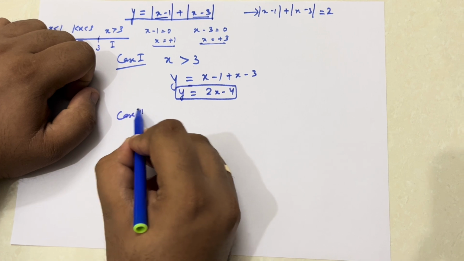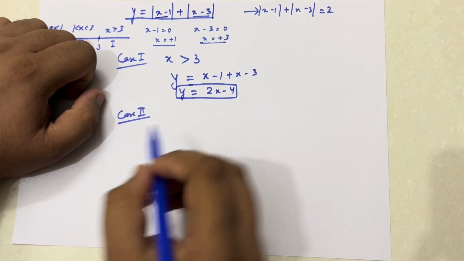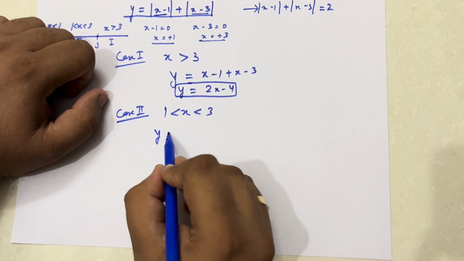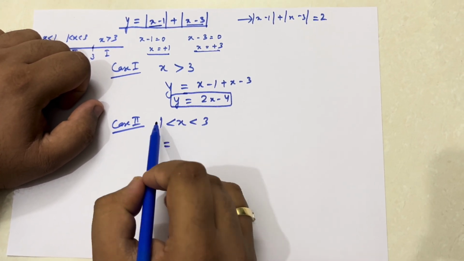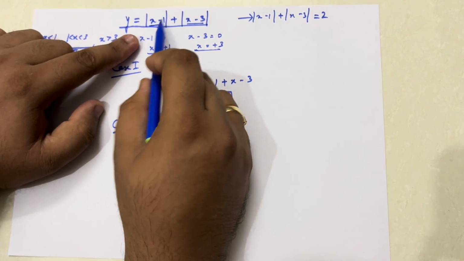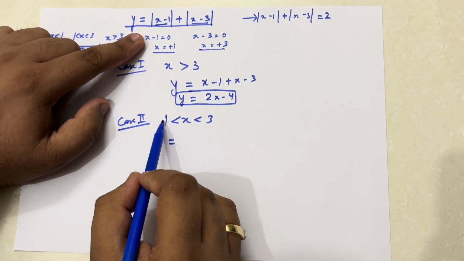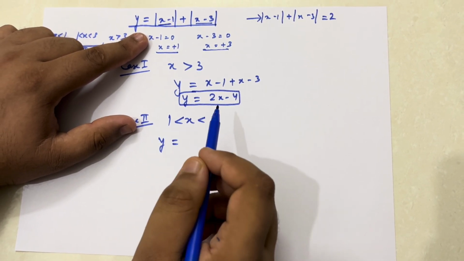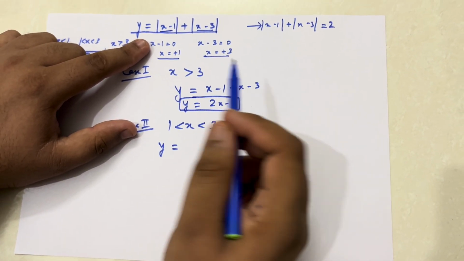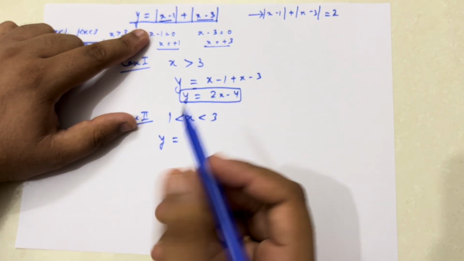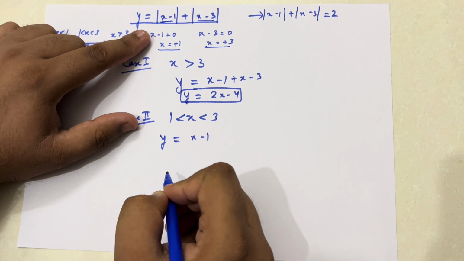Case 2. What will be case 2? x lies in between 1 and 3, so x can be 2, for example. This part will always be positive, because x is not less than 1. It is a bit more than 1, so it can be 1.0001. So this is x minus 1.